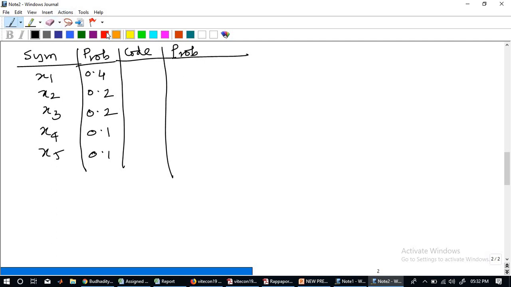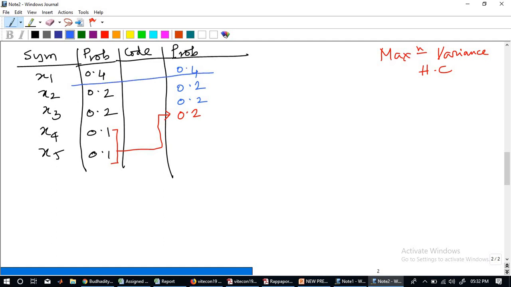So what I asked you to do is add up these two. This is maximum variance Huffman coding. What we are going to do is add 0.1 and 0.1 in the same manner as we did, but we will place the sum at the bottom, after 0.4, 0.2, 0.2, which stay the same.